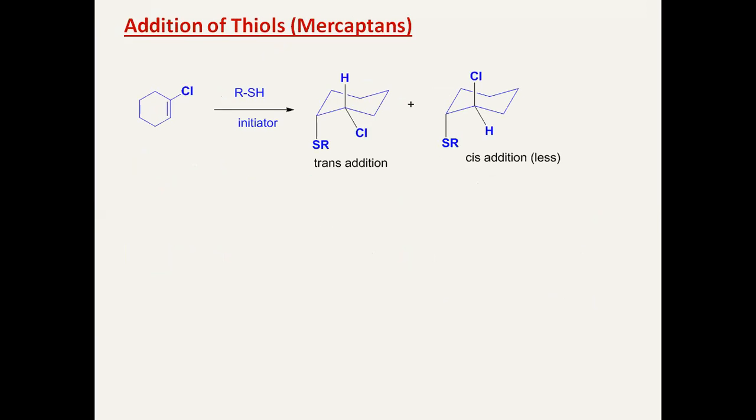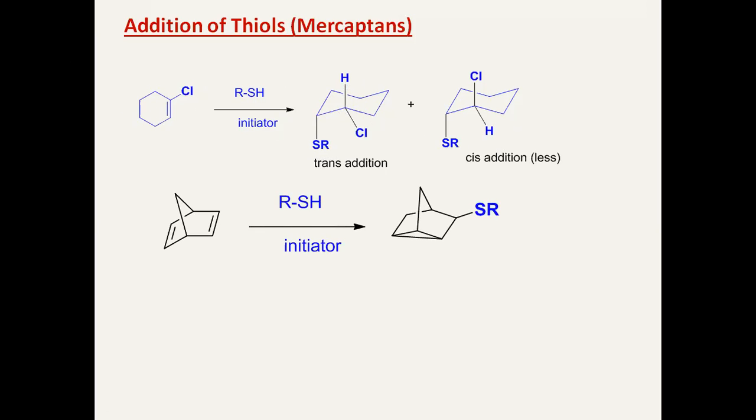Addition to thiols, you can have it like this. It is similar to the other reaction we have just seen. Trans and cis, always remember, the trans product is always the major one. So cyclohexene becomes cyclohexane, and the H of this SH and this SR are attached like this.